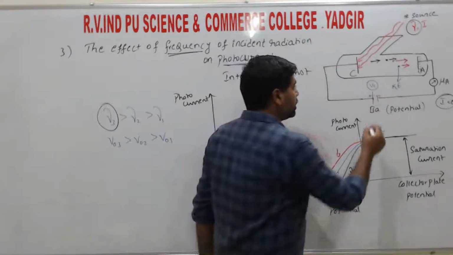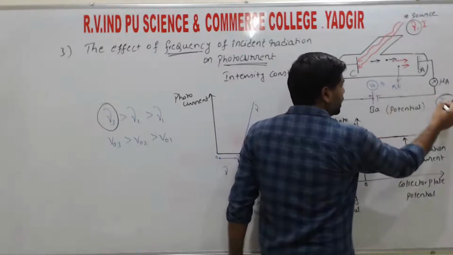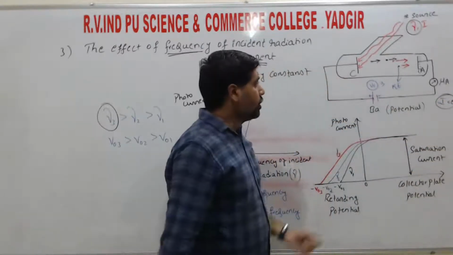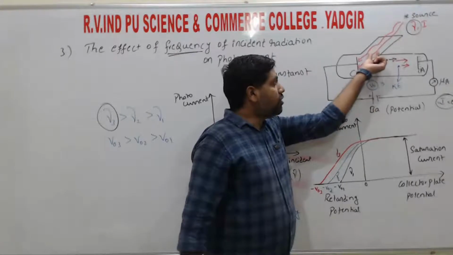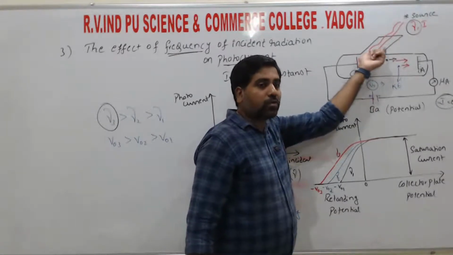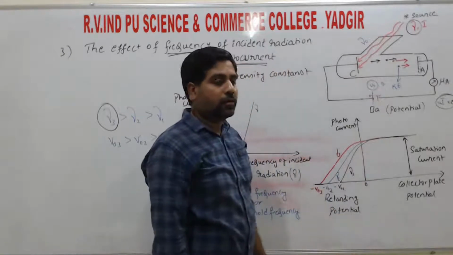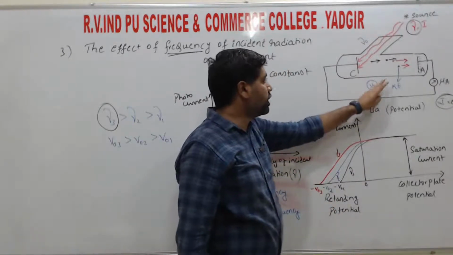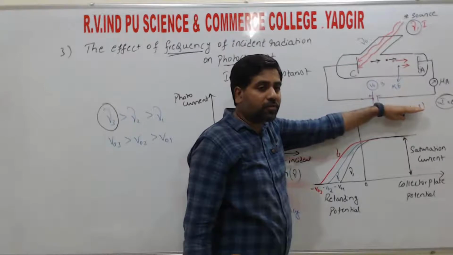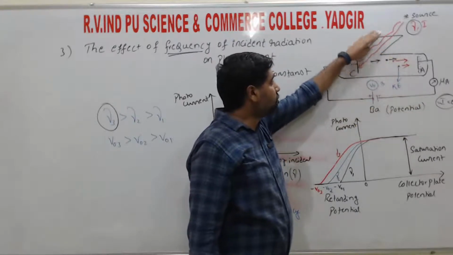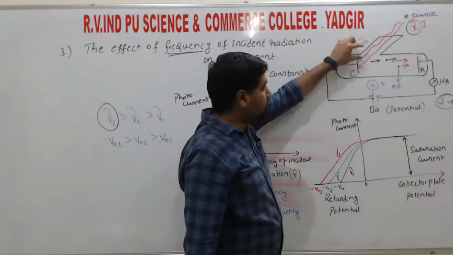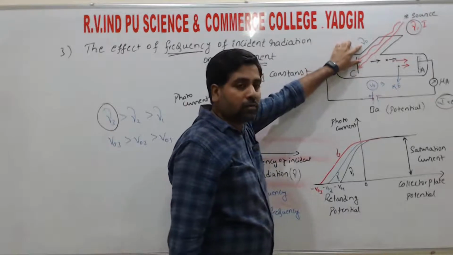For that, the current is equal to 0. For this minimum potential we have a certain frequency. That frequency is the minimum frequency, that is nu naught. The potential which stops the flow of electrons in this circuit corresponds to the frequency of the radiation incident on this plate.